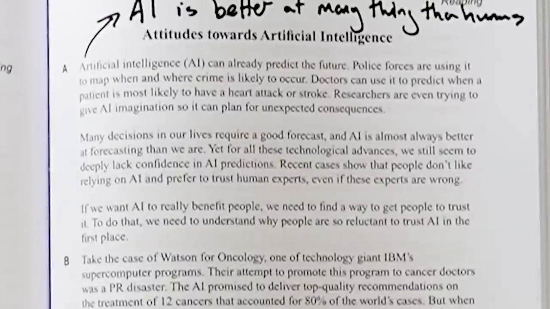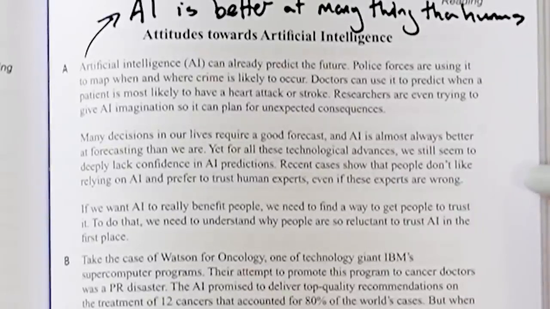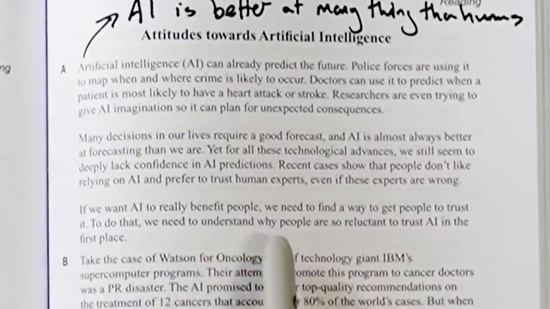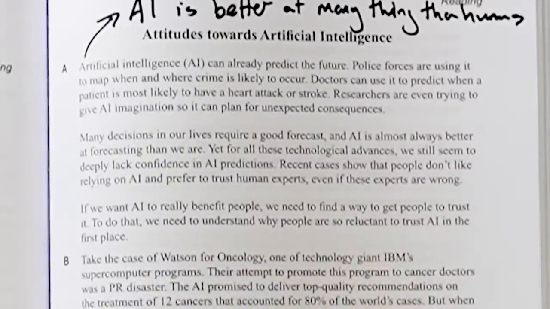And just to anticipate some of the comments, what a lot of people will do is they will say, well, recent cases show that people don't like relying on AI, or if we want to make it better, then we should trust it more, or how can we trust it more? That's similar to some of the things. Why is that not the case? You are getting lost in the detail. You are focusing on individual words and individual sentences.